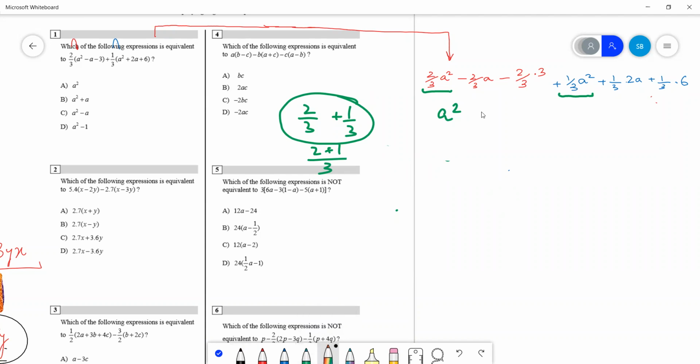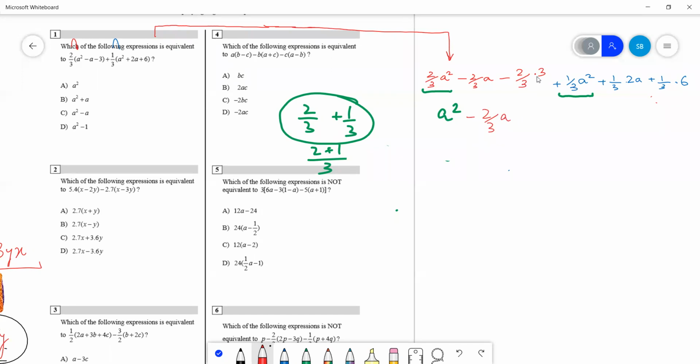Wouldn't we have to multiply the fractions, like 2/3 times, and then 1/3 times 6? Yes, we will do that. Okay, I'll write it again: a squared minus 2/3a.